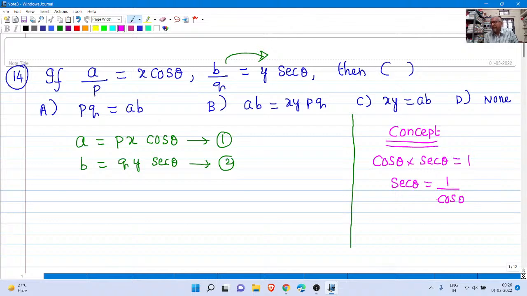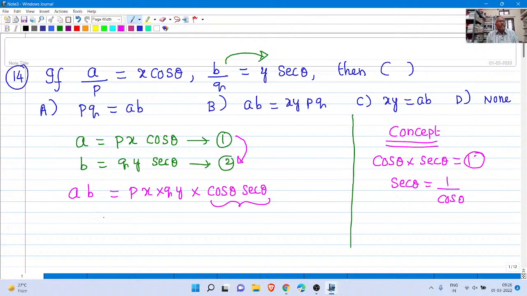You can substitute. That means multiply these two. Having multiplied these two, you will get the answer. So AB equals Px into Qy into cos theta into sec theta. So cos theta into sec theta is replaced by 1. So you will get this equal to PQ xy.